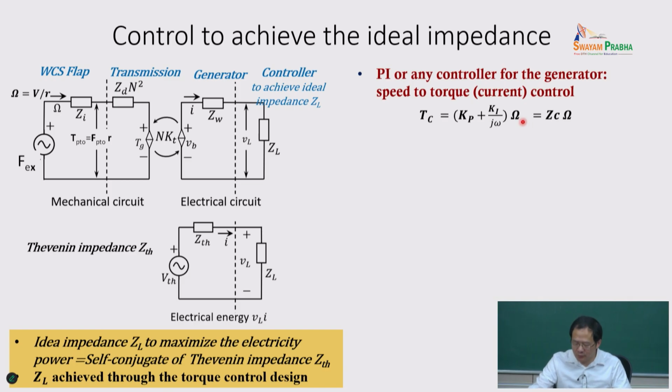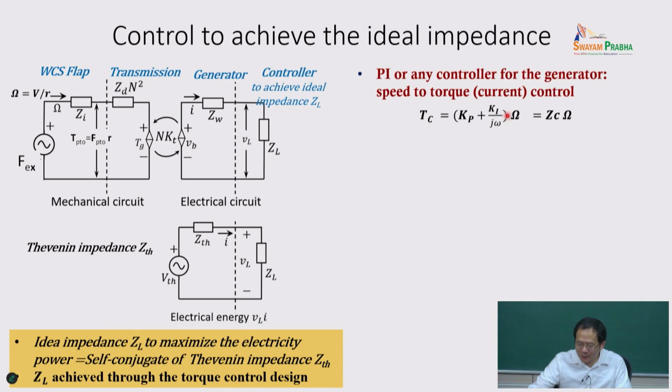Let me correct what I said, it was wrong. Velocity times Kp, what's that? Damping, right? Velocity times a constant generates force, that's the damping. And velocity times the I gain divided by j omega, what's that? j omega you can consider as s, so 1 over s means integration. Velocity integrated will be displacement.